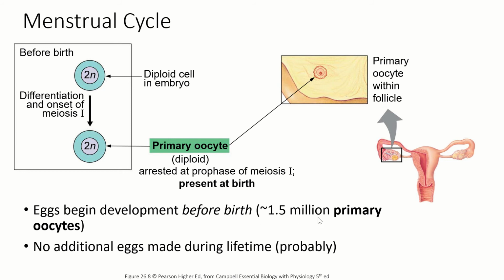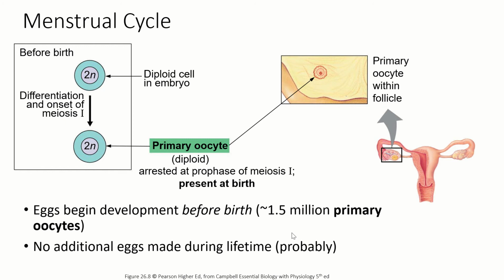There are usually about 1.5 million of these primary oocytes inside the ovary at birth and until puberty. And they're not going to do anything else until puberty, and the woman is not going to make any more oocytes during her lifetime.